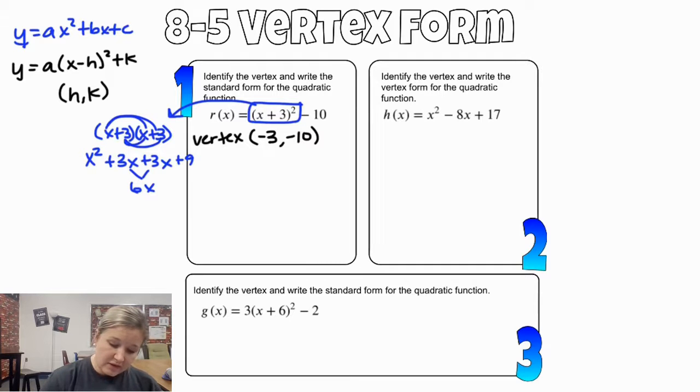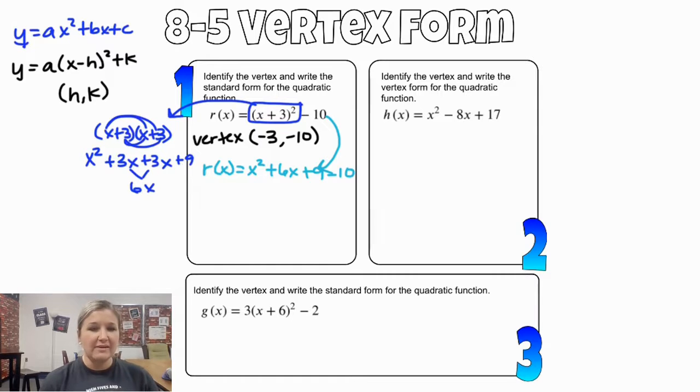After identifying the vertex, I'm going to come down here and write my multiplied form out. So I have r of x equal to x squared plus 6x plus 9 minus 10. Notice that I still have some like terms I can get together. You'll see that 9 and negative 10 are like terms. They don't have a variable with them.